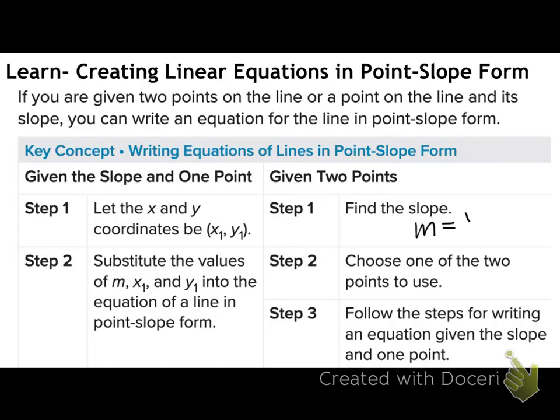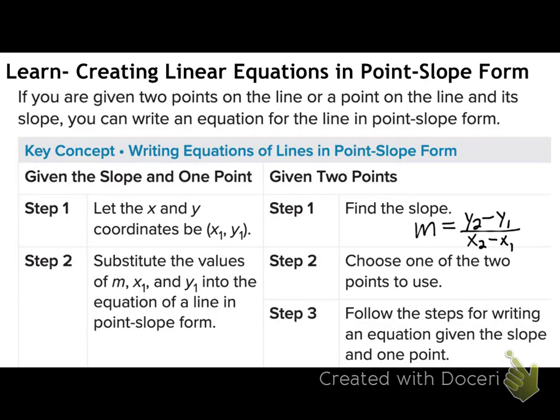Y2 minus y1 over x2 minus x1. That's the slope formula. The slope formula is not going to go away. You're going to keep using it. So, if you're just given 2 points and that's it, that means you don't know the slope, so you got to find the slope. We're going to use the slope formula once again to find that slope.